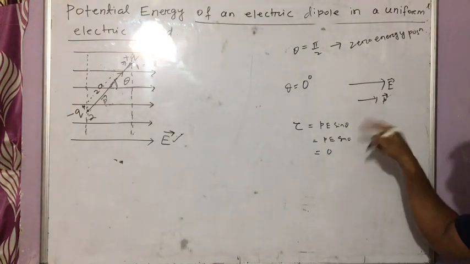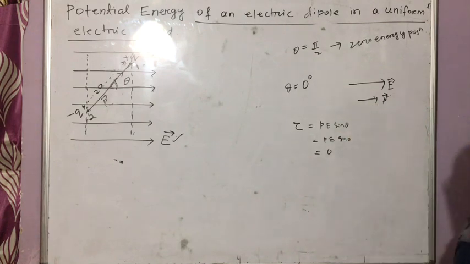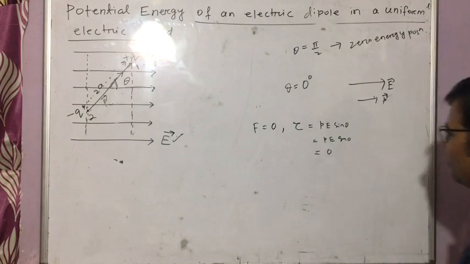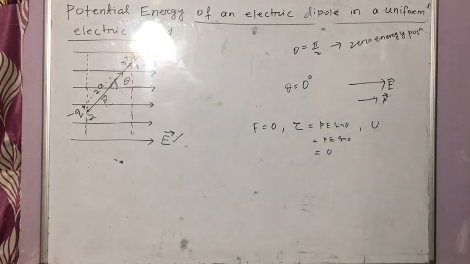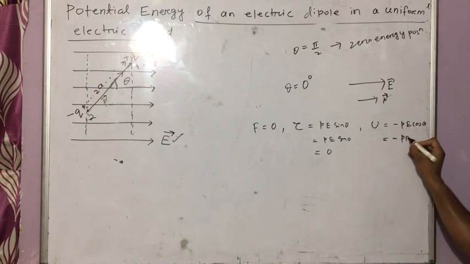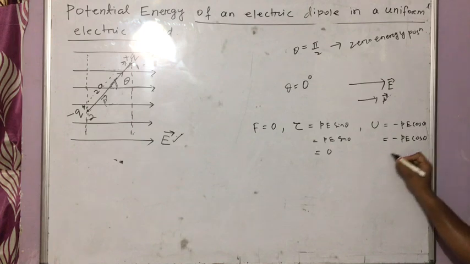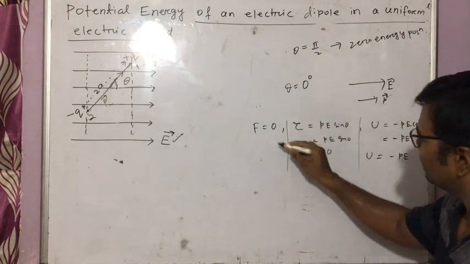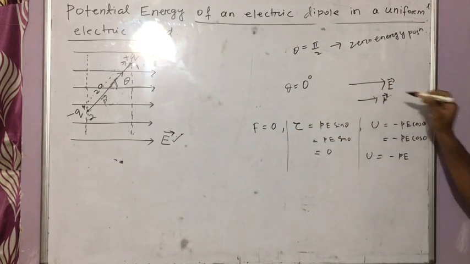And the force on the dipole is also 0 at this position. The potential energy of the dipole, U, is minus PE cos theta, which is minus PE cos 0. So, U is equal to minus PE. So, this is the case when theta is equal to 0 degree.